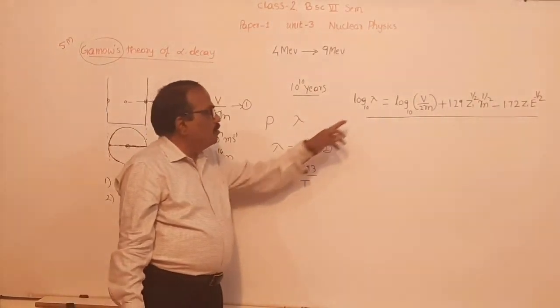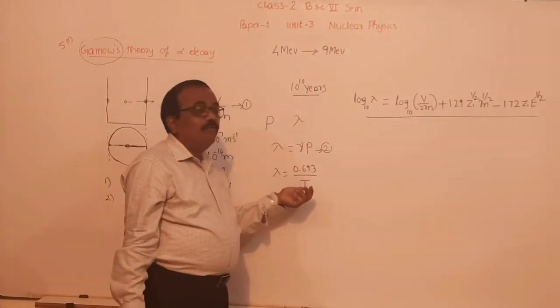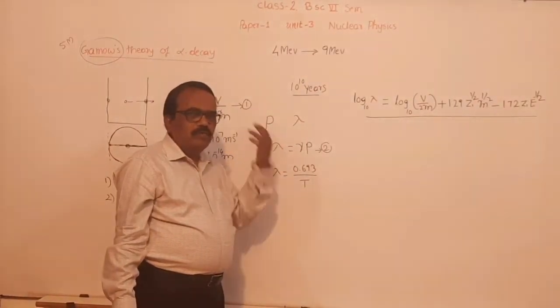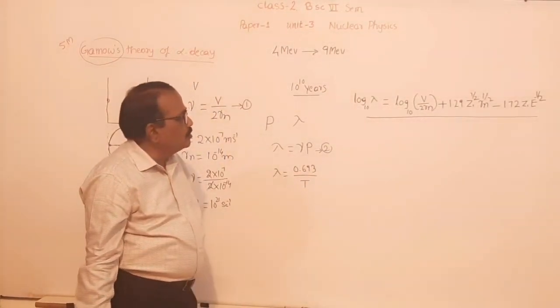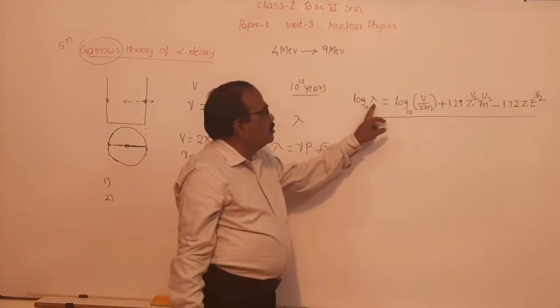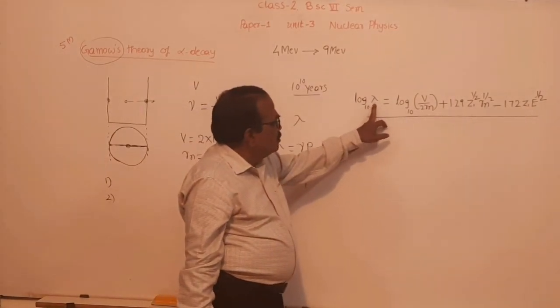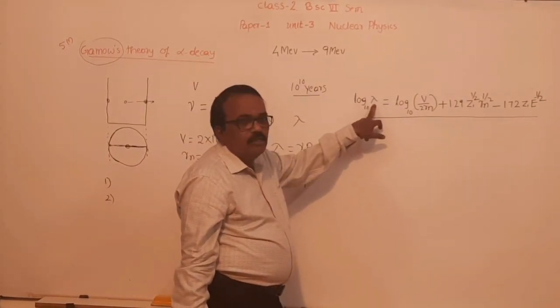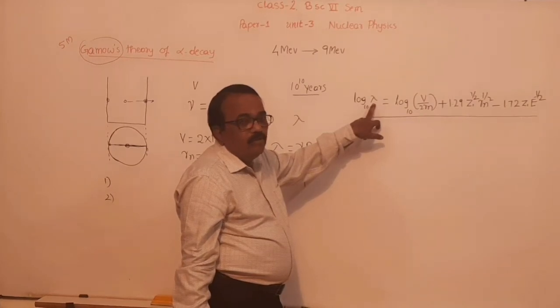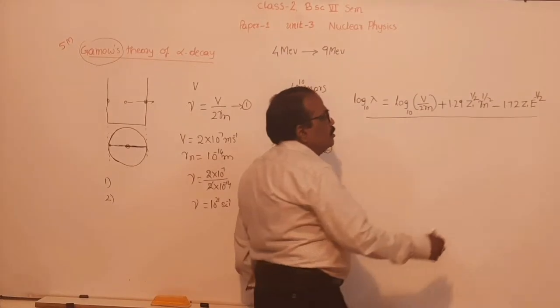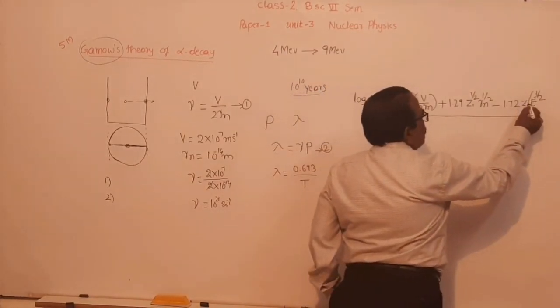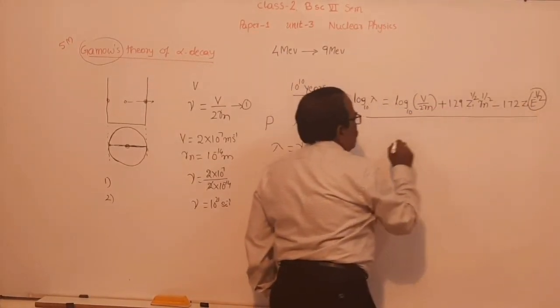You know that if lambda varies, its half-life varies. We have studied half-life and average life of this radioactive element. The decay constant, in other words the half-life of this radioactive element, strongly varies with the energy of the alpha particle.